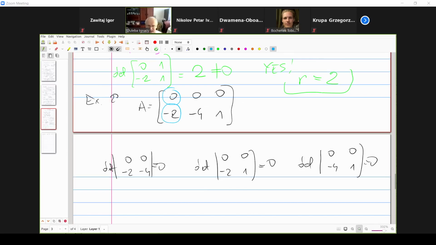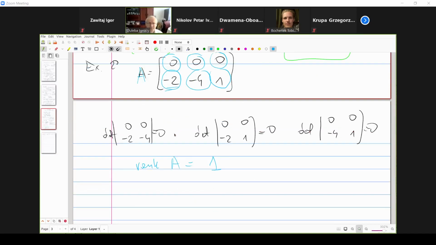Please notice that a scalar is a 1 by 1 submatrix. This, and this. And as you can see, the rank of this matrix A is equal to 1, because, for example, this item isn't equal to 0. Okay? And example number 3.